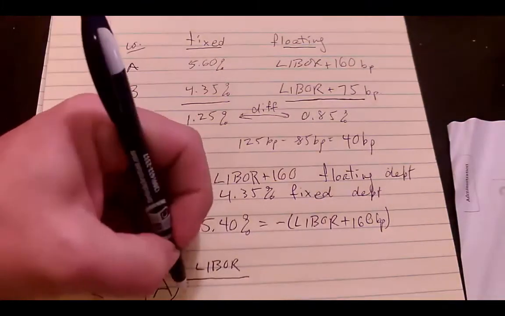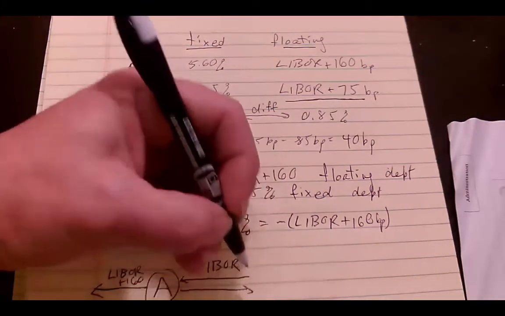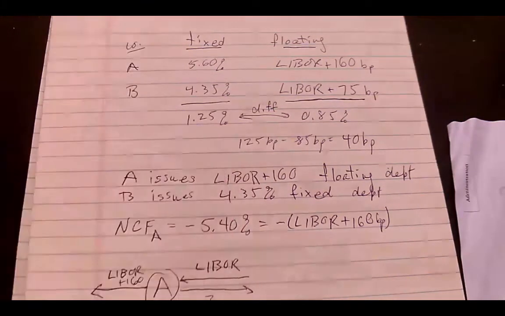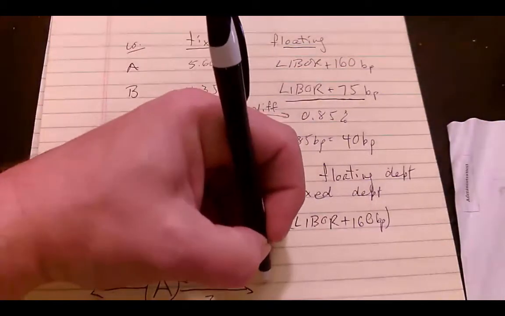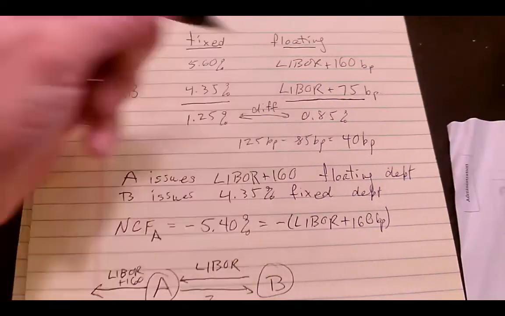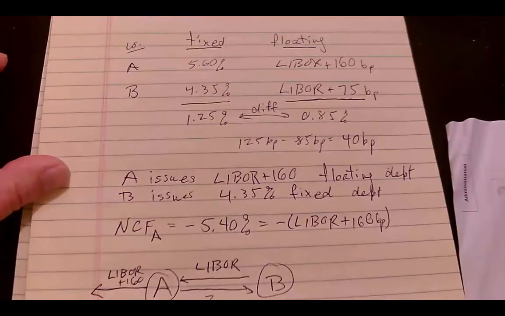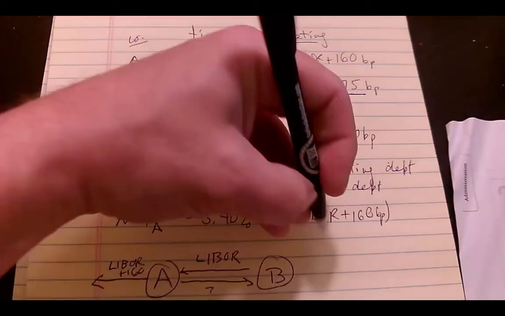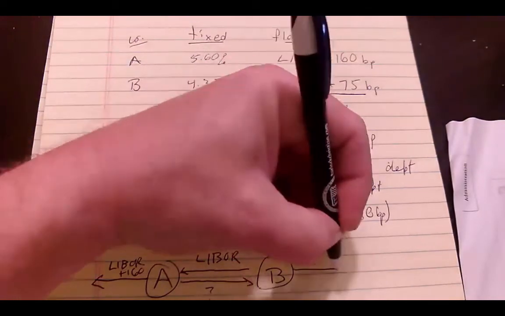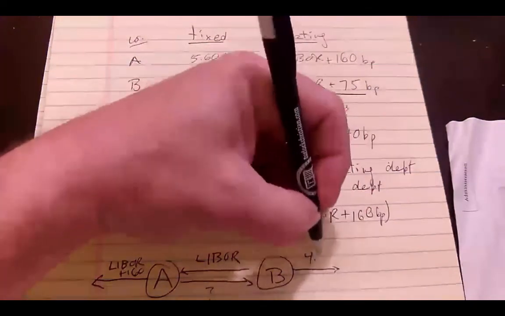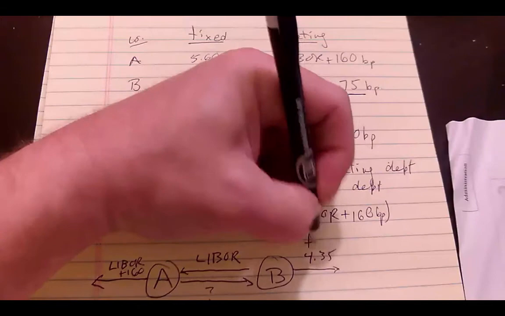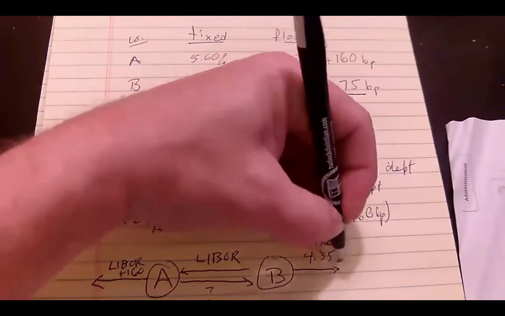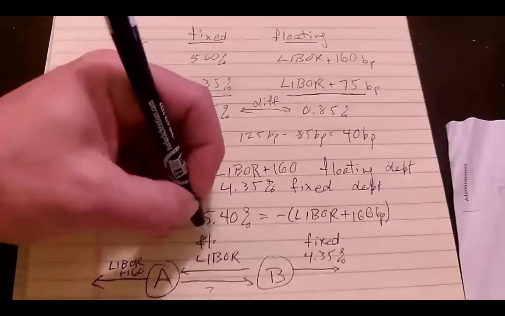And the other side is what we're looking for. The fixed payment is called the swap rate, and that's going to and from company B. Company A and company B would be the two counterparties to the swap. And we know B is using their comparative advantage in issuing fixed rate, 4.35% fixed. And this is floating. Oops.